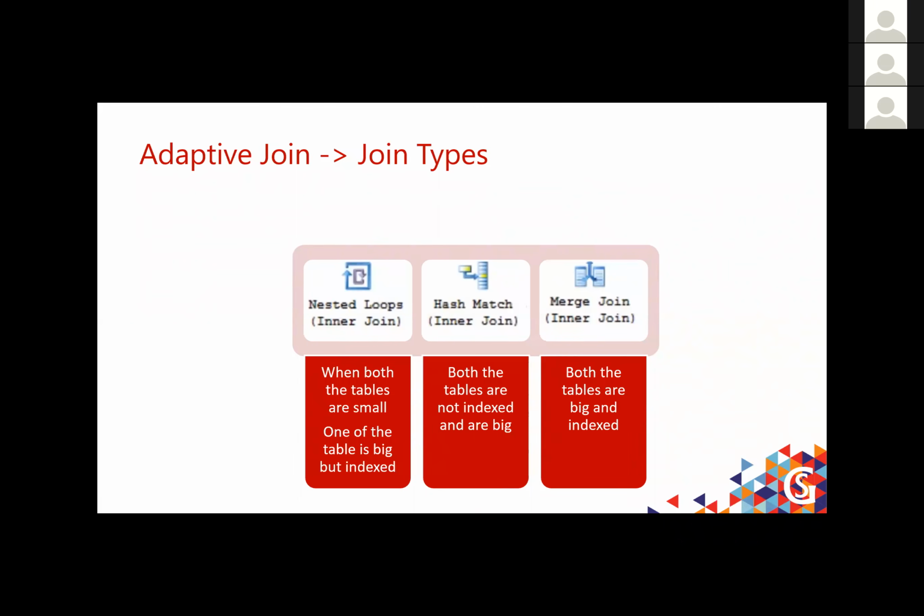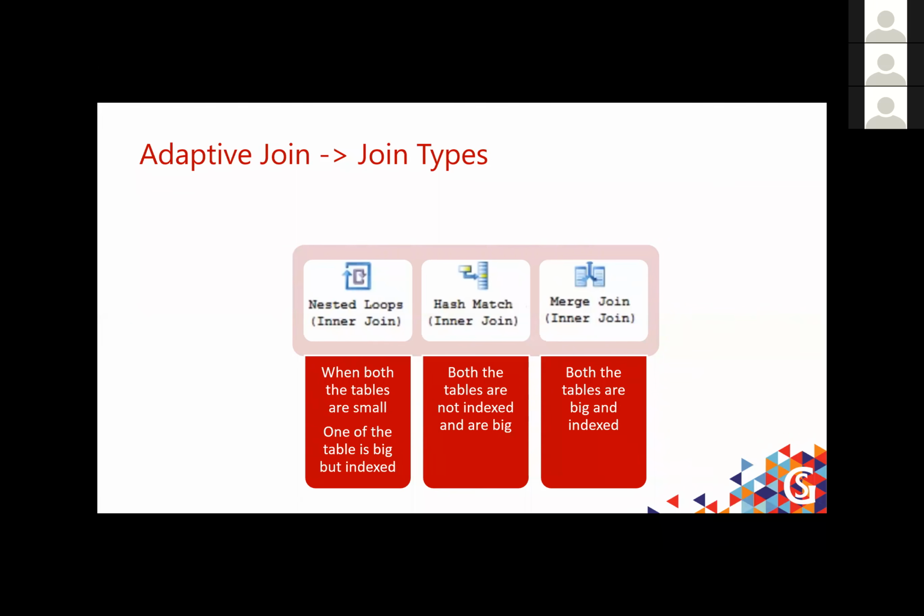Each join is picked by SQL Server's optimizer depending on certain scenarios. When both tables participating in the join, table A inner join table B on column A equal to column B, are fairly small, just a few hundred or few thousand rows, then nested loop join is typically picked.